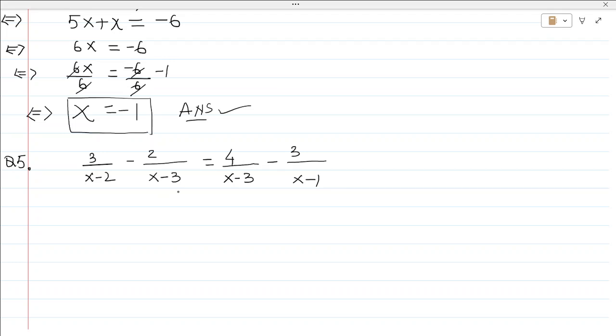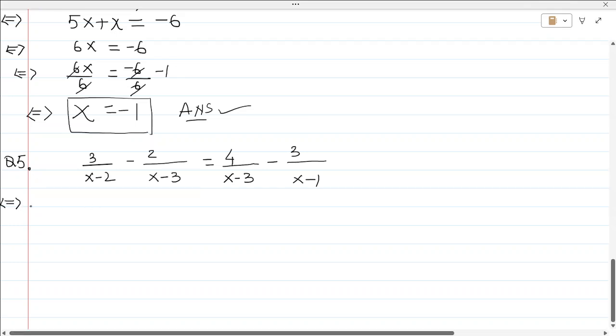Okay, we need to find the value. So now what we will do, we need to take LCM. We have different denominators on both sides, so taking LCM on the left hand side, what is the LCM?